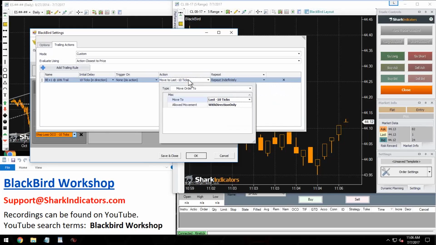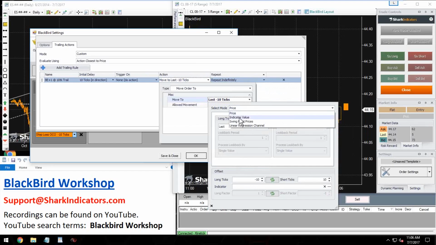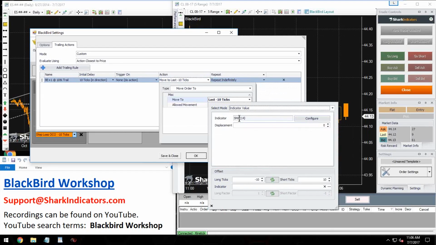Now, let's say I took my action, and instead of using the last price, I change my action to use an indicator value. So let's say I'm trailing my stop loss off of the SMA. Well, the SMA is an indicator.